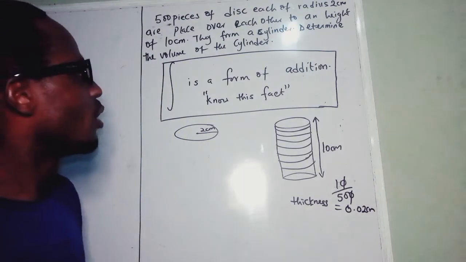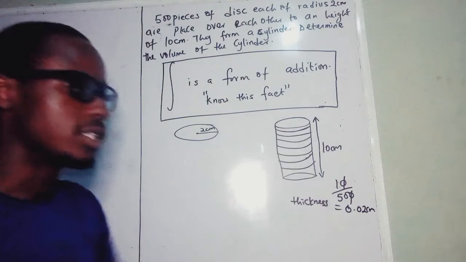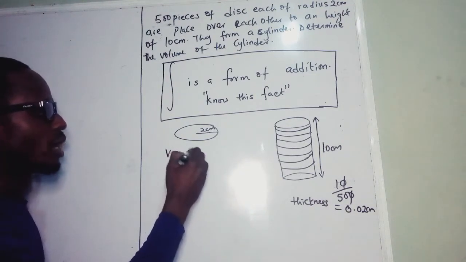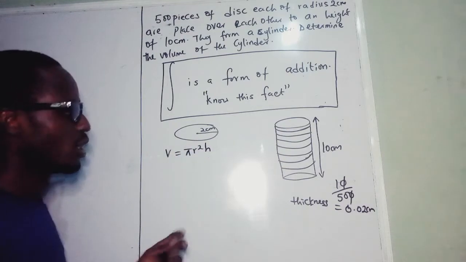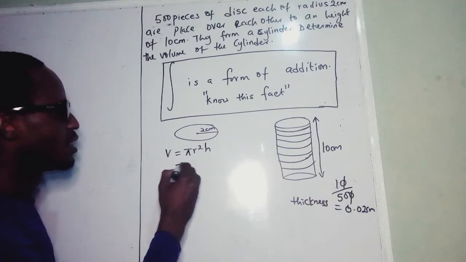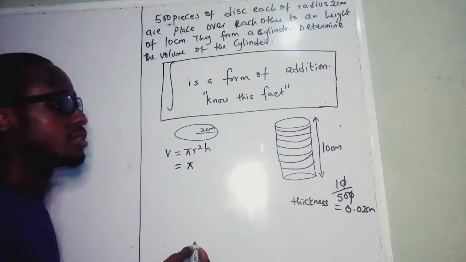Now, what is the volume of each disc? Each disc has a volume equal to pi r squared h, and the h happens to be the thickness of the disc. Let me leave my answer in terms of pi.